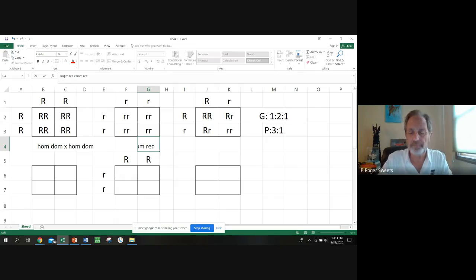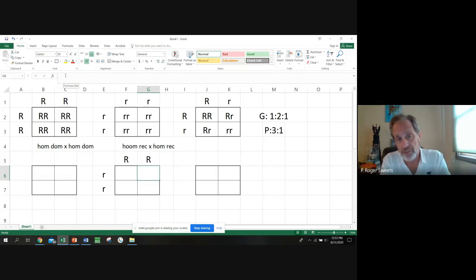That's obviously very simple, almost too simple to even talk about, because we don't have to think about it very much. You cross a homozygous recessive with a homozygous recessive, the genotype comes out 100% recessive and the phenotype comes out 100% recessive. And of course, we've already talked about our heterozygous cross.